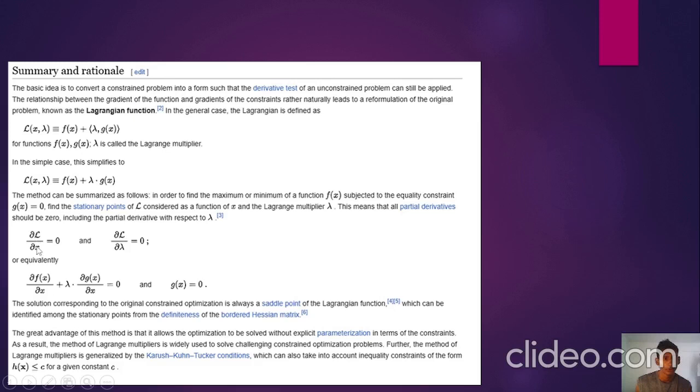Dou L by dou x is equal to 0 and dou L by dou lambda is equal to 0. That is, dou f of x by dou x plus lambda into dou g of x by dou x is equal to 0 and g of x is equal to 0. The solution corresponding to the original constrained optimization is always a saddle point of the Lagrange function, which can be identified among the stationary points from the definiteness of the bordered Hessian matrix.